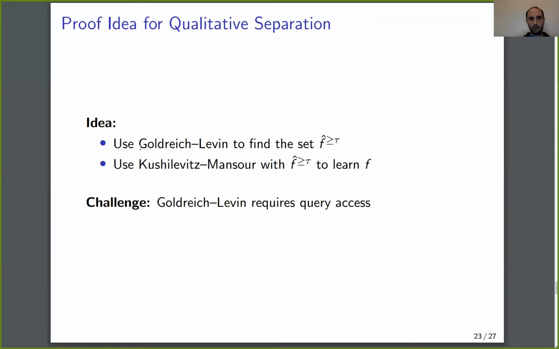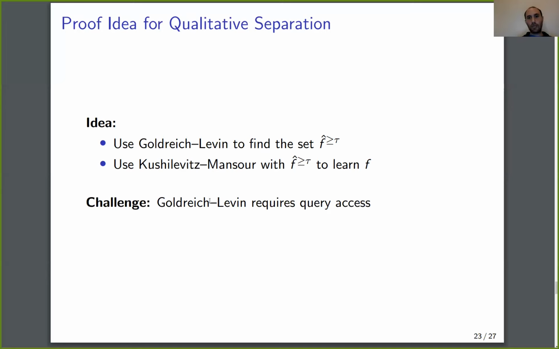The idea is, we use the Goldreich-Levin algorithm to find the set of heavy coefficients. And then once we know that set, we use the Kushilevitz-Mansour algorithm to learn the function f. The problem is that, as I stated, the Goldreich-Levin algorithm requires query access.